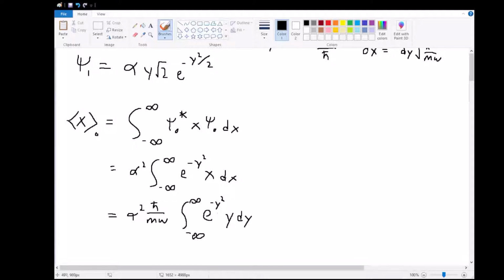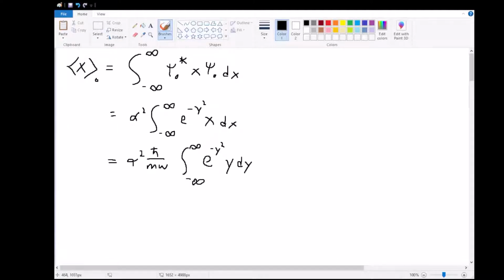We can take advantage of the derivative form of e to the negative y squared. So if we recognize that d by dy of e to the negative y squared is equal to negative 2y times e to the negative y squared, then we have y times e to the negative y squared here.